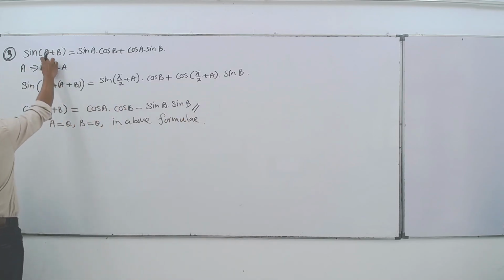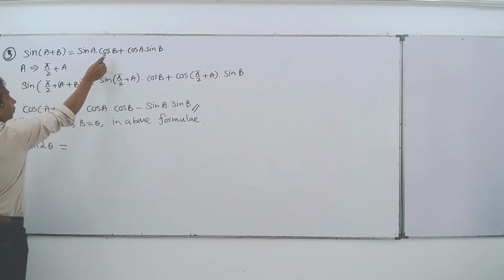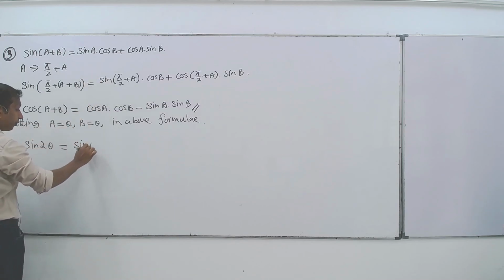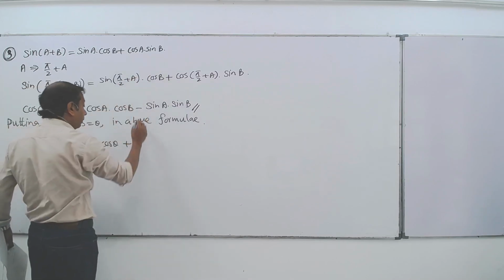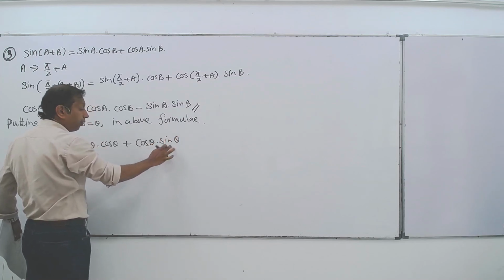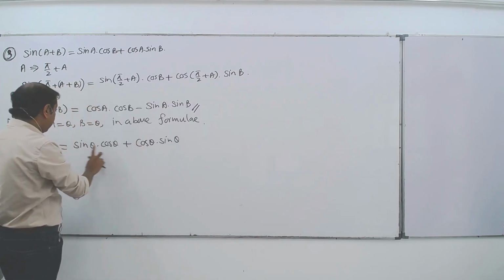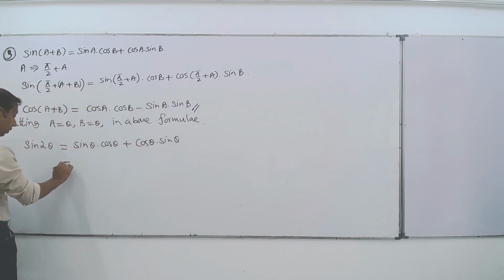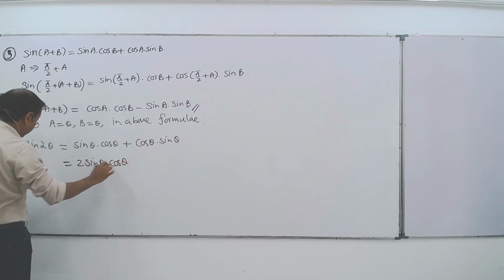What do you get? Theta plus theta is 2 theta. We get sin 2 theta. Here sin theta cos theta, here cos theta sin theta, which again you can write as sin theta cos theta. So sin theta cos theta plus sin theta cos theta is 2 sin theta cos theta, which is sin 2 theta.